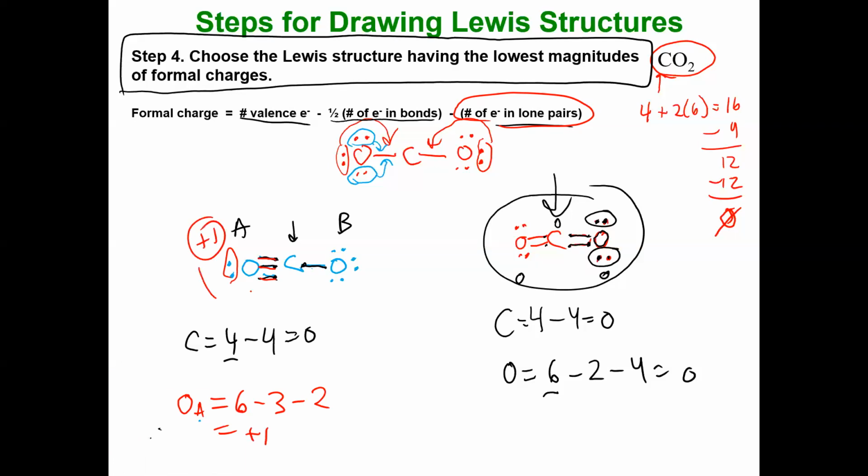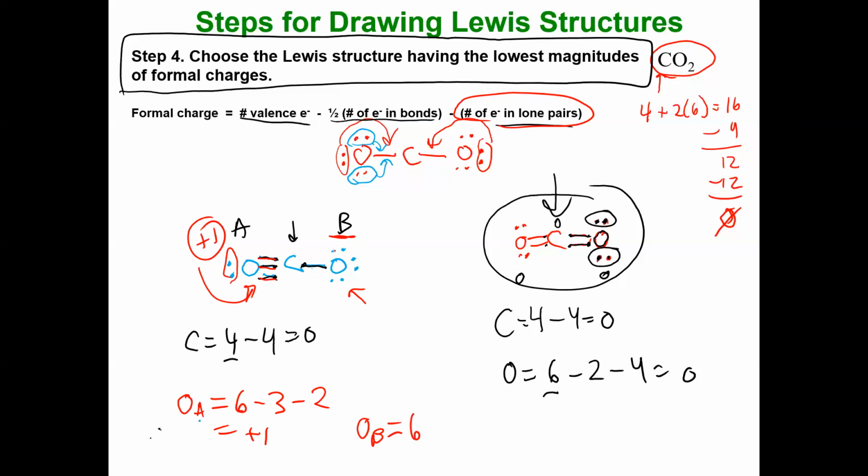Ooh, this oxygen has a formal charge of +1, and oxygen hates that. Oxygen never wants to have a formal charge of a positive value. It's extremely electronegative. Now, you sometimes do see oxygen having single bonds. And why is that? Well, if we look at oxygen B in this structure, what does it have? 6 valence electrons.